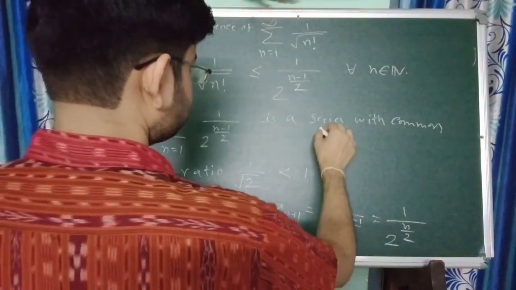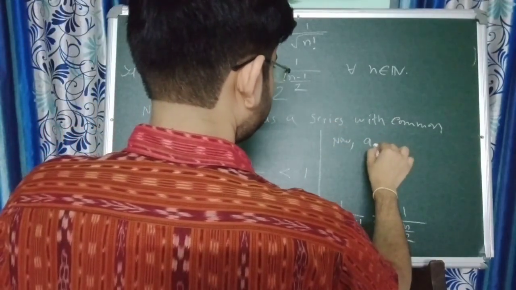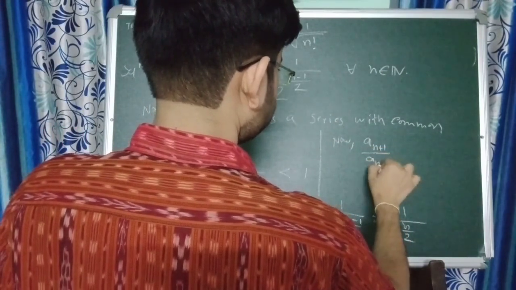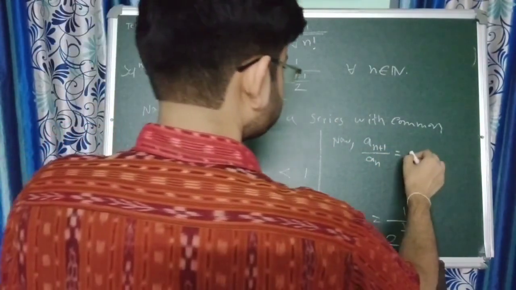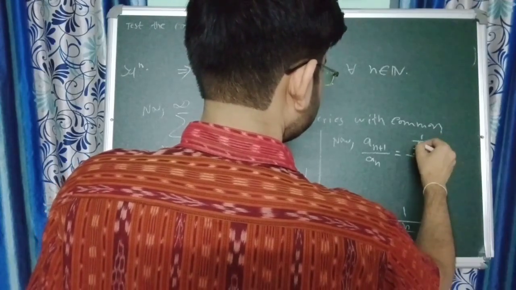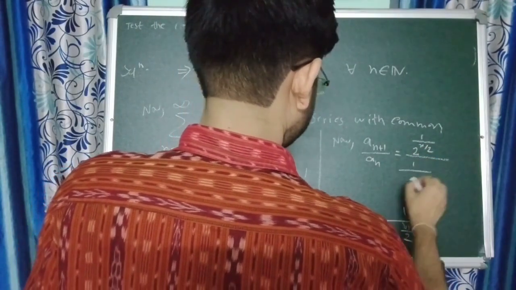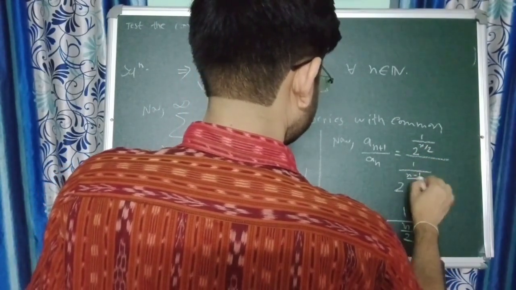Now a n plus 1 by a n equals 1 by 2 to the power n by 2 divided by 1 by 2 to the power n minus 1 by 2.